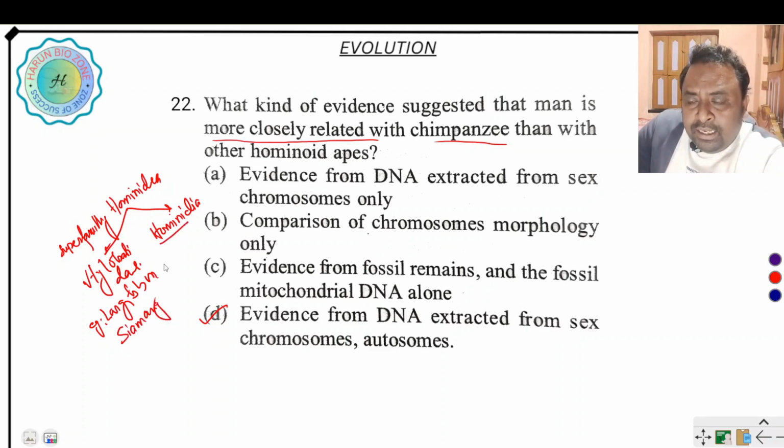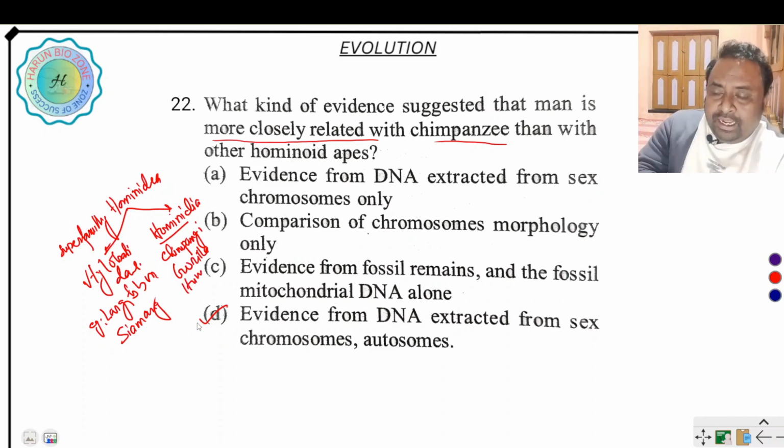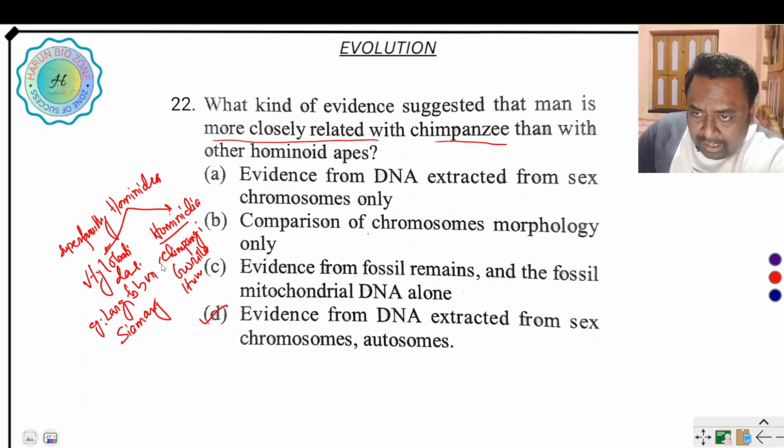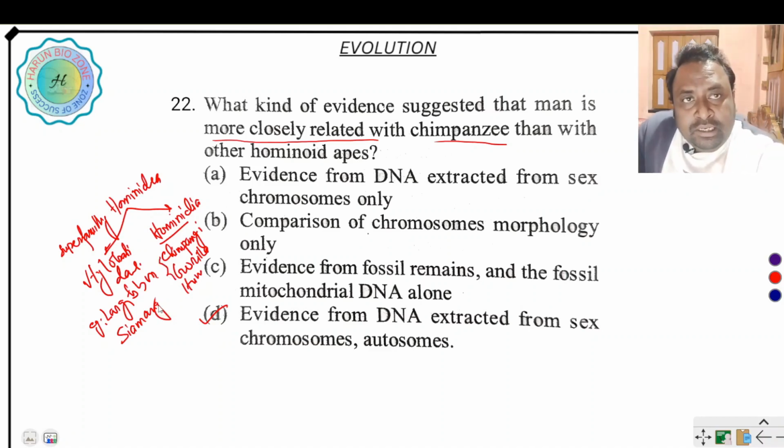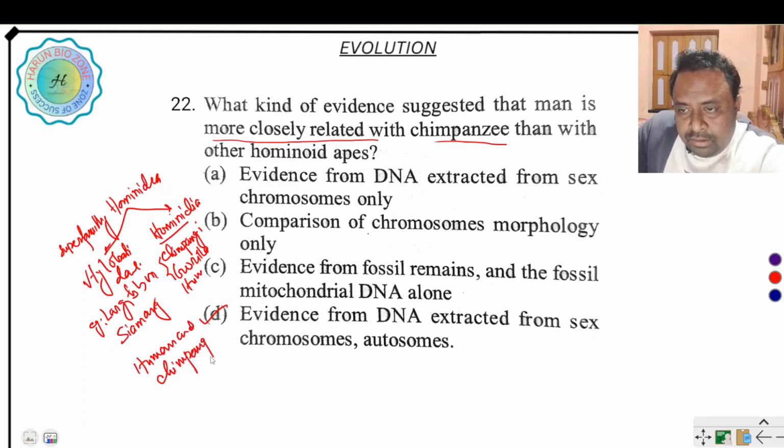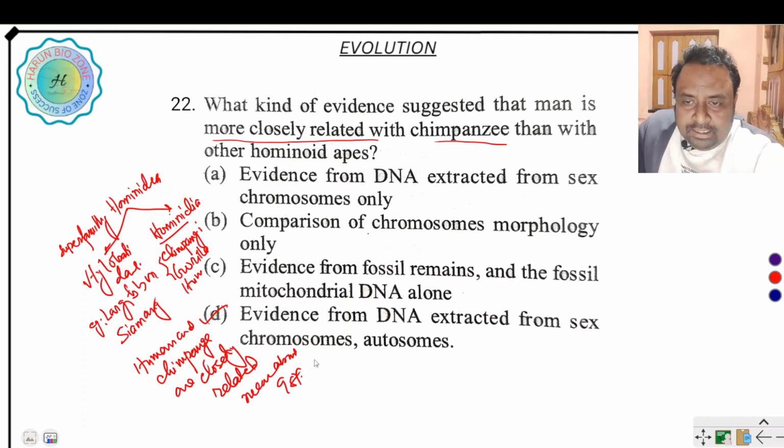Hominidae examples are chimpanzee, gorilla, and human. Among African apes, gorilla and chimpanzee seem more correlated, but DNA evidence suggests that human and chimpanzee are closely related. Nearly 98% of DNA is the same.